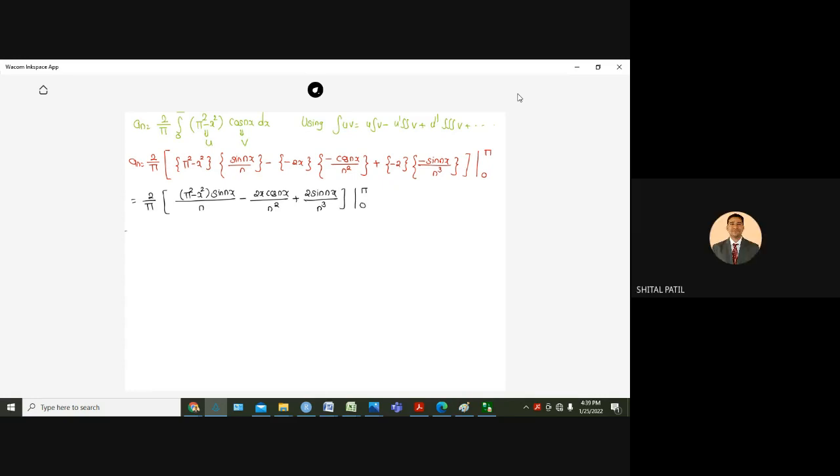Upper limit pi. So it is like this. Pi square minus pi square, 0. Lower limit 0, sine of 0, 0.